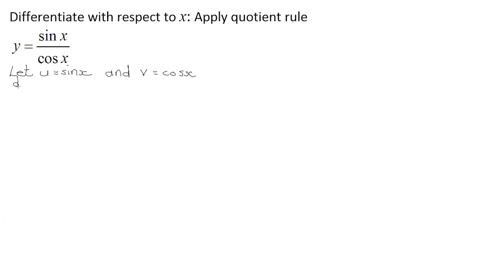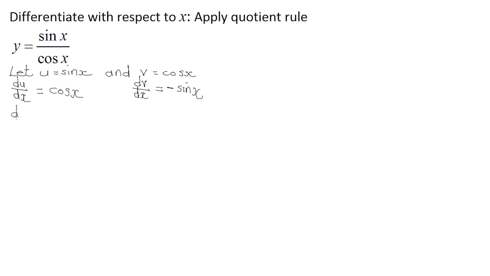Based on my formula sheet, du/dx is equal to cos x. Also, formula sheet, dv/dx, please people don't become confused here, is equal to minus sin of x. And you can clearly see that on your formula sheet, formula number 15.